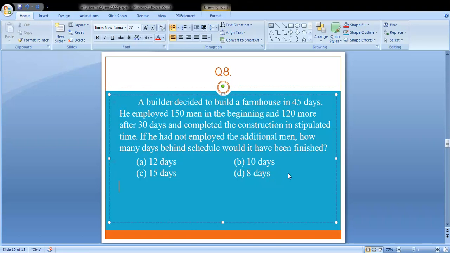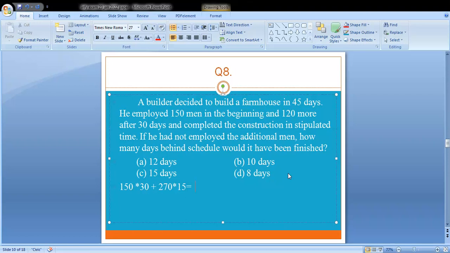So the builder employed 150 men. They are working for 30 days. After 30 days, he employed 120 more men. Now 150 became 270 men, and they work for the remaining 15 days, because the total is 45.